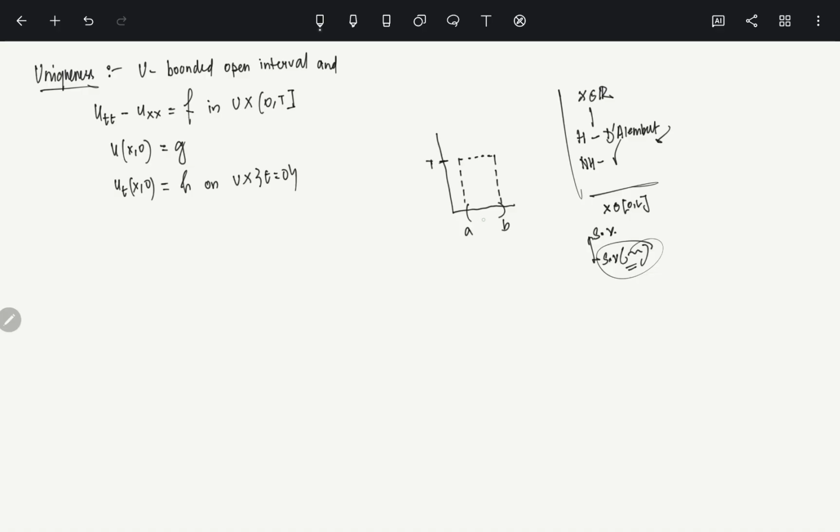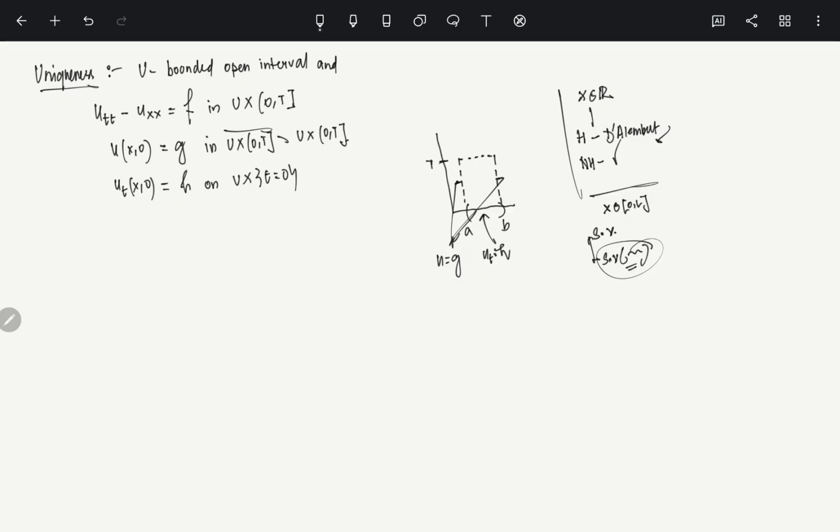In this region, u_t at the point (x, 0), let's just call it h. And on these three boundaries, u equals g, and here u_t equals h, only on the base. So this is true on the closure of U cross (0, T) minus U cross (0, T).